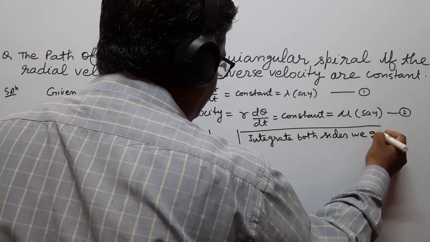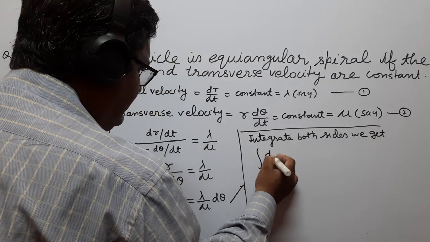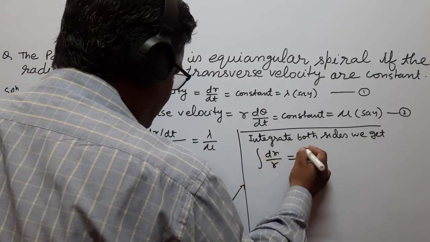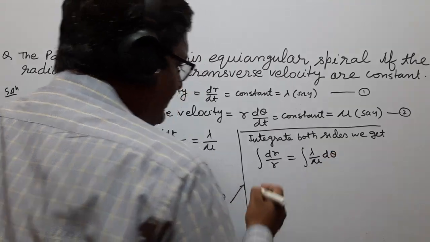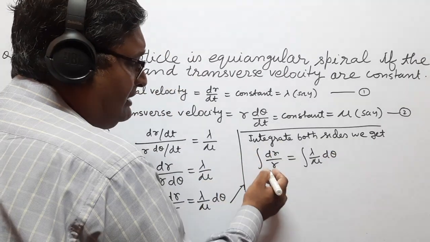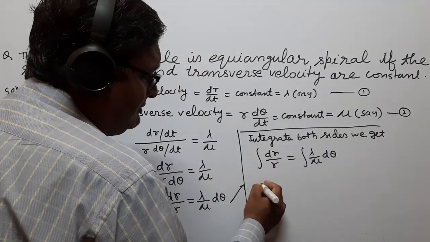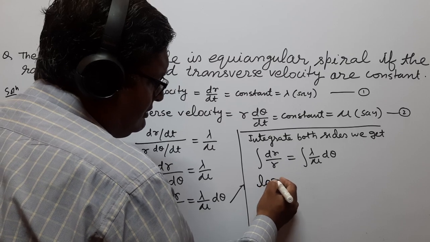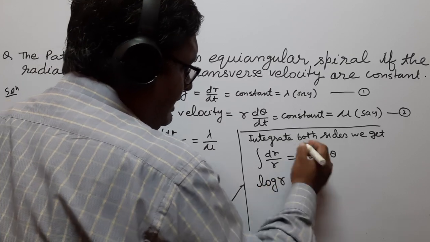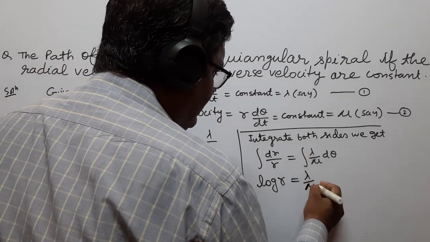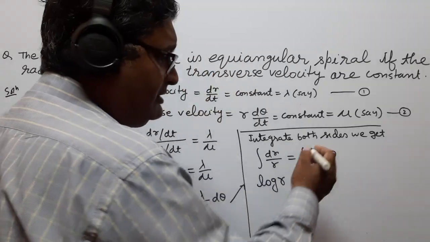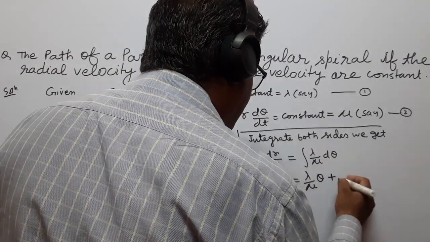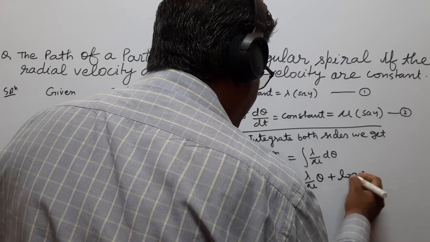We get the integration of dr divided by r equals the integration of lambda by mu d theta. Here we can see that integration of 1 upon r with respect to r is log r, and lambda upon mu is constant. Integration of d theta is theta, and we take here some constant log c.